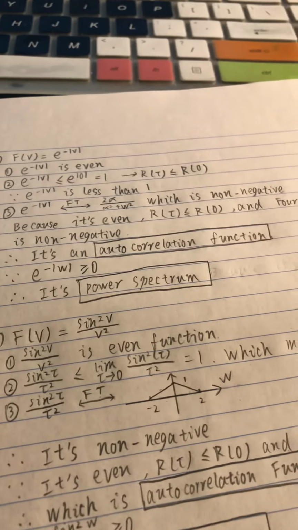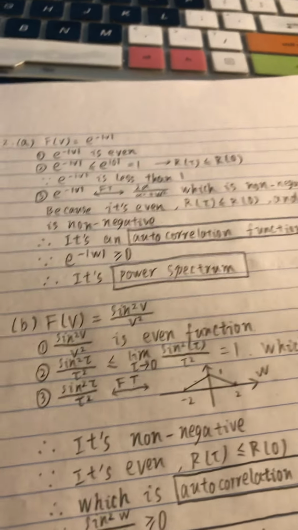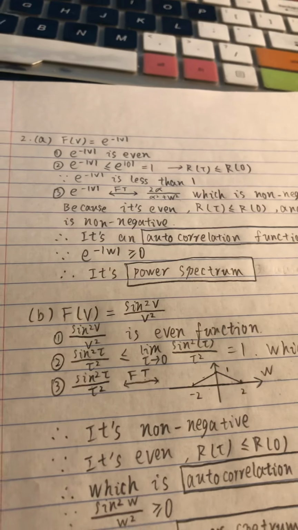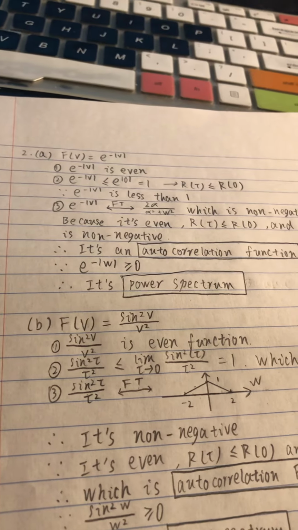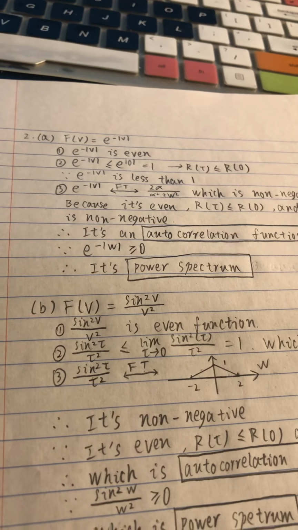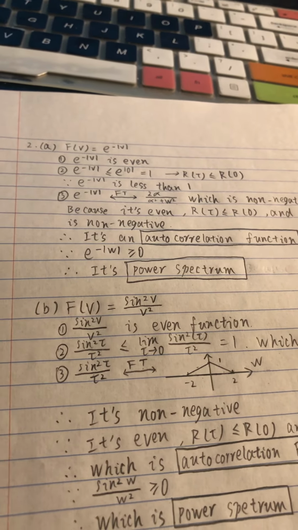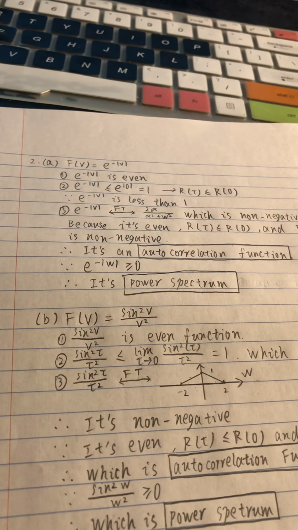So we can see that R(tau) is smaller or equal to R(0). And third, we can see because the e to the power of negative absolute v is less than 1.